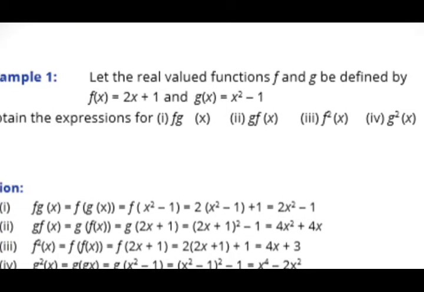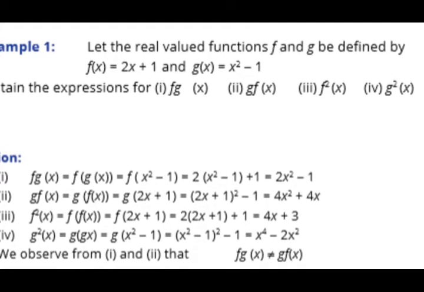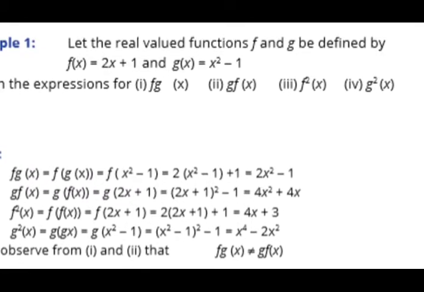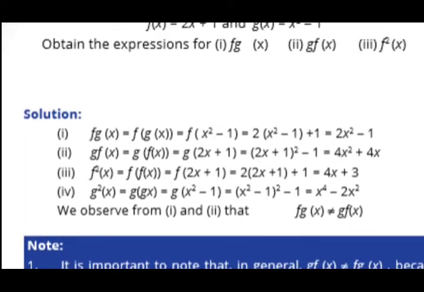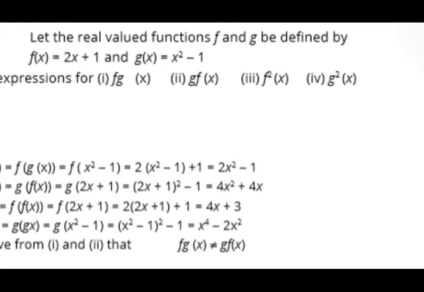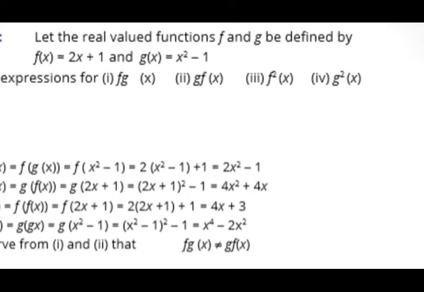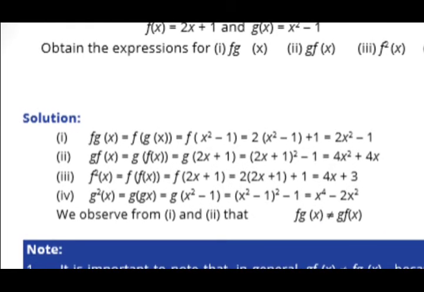Now here we have an example: f of x equals 2x plus 1 and g of x equals x square minus 1, and we find f of g of x and g of f of x. f of f of x is also written as f square of x, and g of g of x as g square of x. We first find f of g of x.